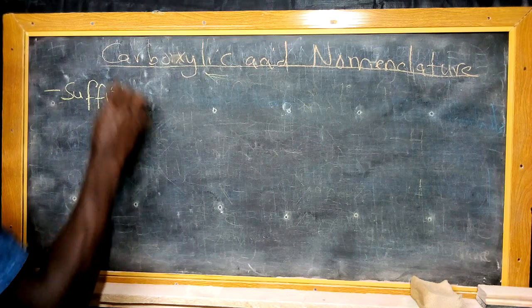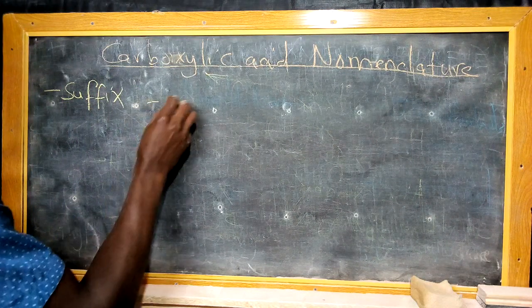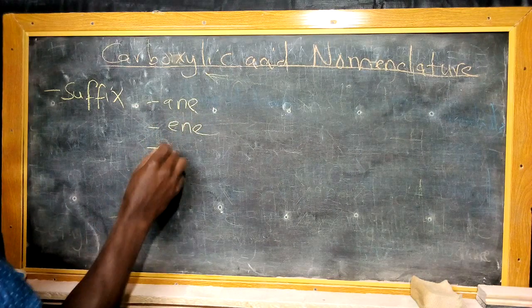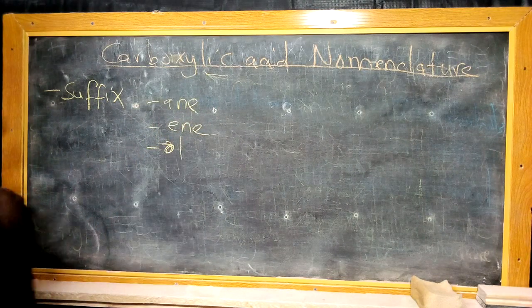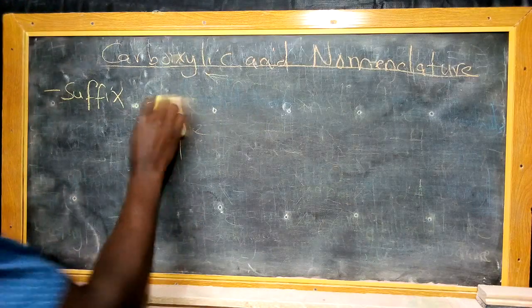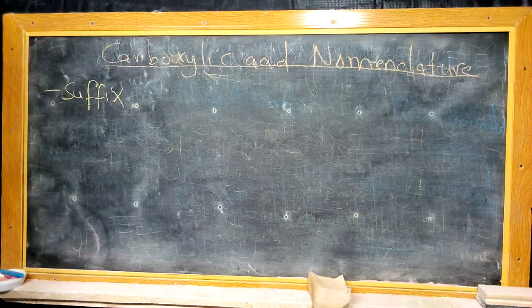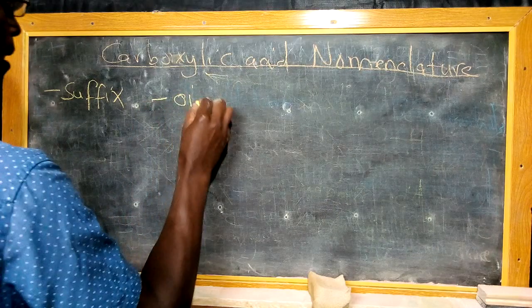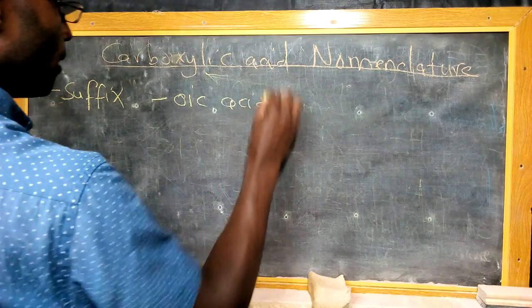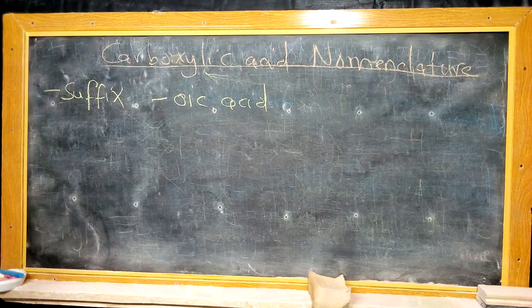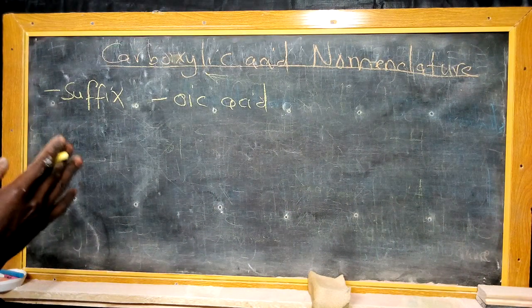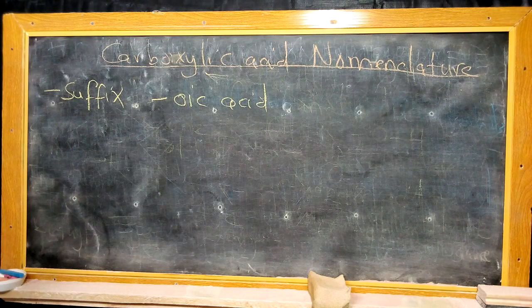We said that the suffix for alkanes is ane, alkenes is ene, for alcohols is ol, etc. So the suffix for carboxylic acid is oic acid. For instance, the one that we have demonstrated is known as ethanoic acid. So the suffix or the ending for ethanoic acid is going to be oic acid.